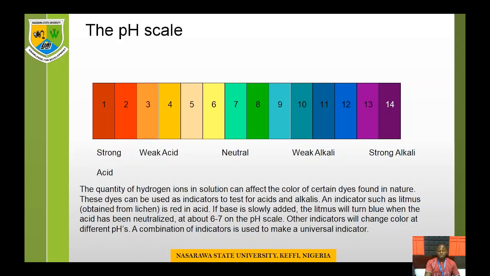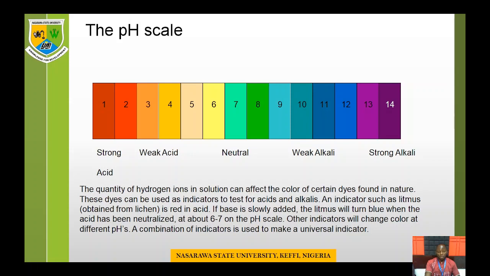Then colors 3, 4, 5 to 6 are an indication of a solution that is a weak acid. Then color number 7 is an indication of a solution that is neutral. Then colors 8, 9, 10, 11 and 12 show a solution that is a weak alkali. Then 13 and 14 show a solution that is a strong alkali.